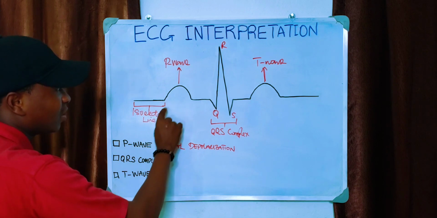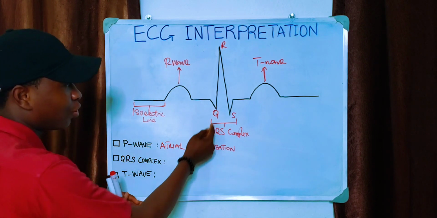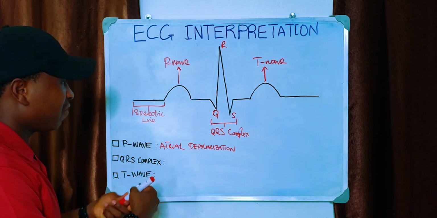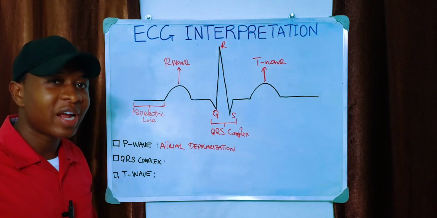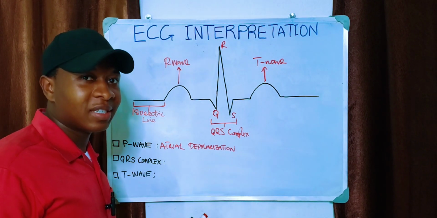That causes the depolarization. That's the bump you can see here. Now, the next thing that follows is the QRS complex. What does this signify? This signifies ventricular depolarization. This is when the ventricles depolarize.